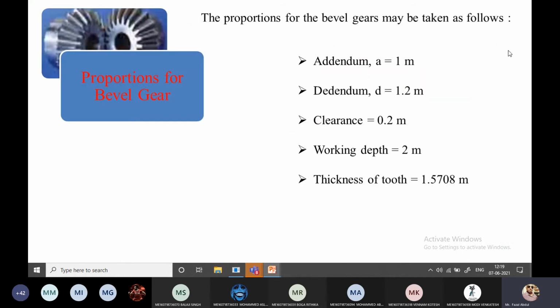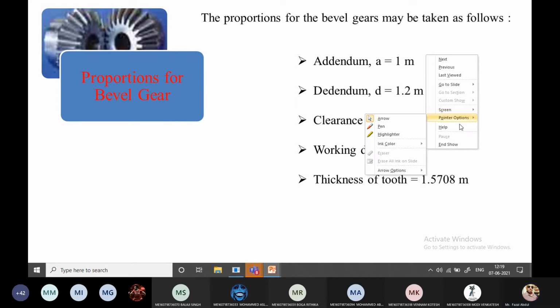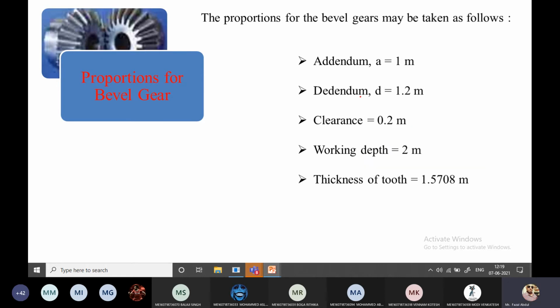Now, proportions for the bevel gear. These proportions at any cost you have to remember. That is the addendum value 1 module, dedendum value 1.2 module, clearance value 0.2 module, working depth 2 module, thickness of the tooth 1.5708 module.